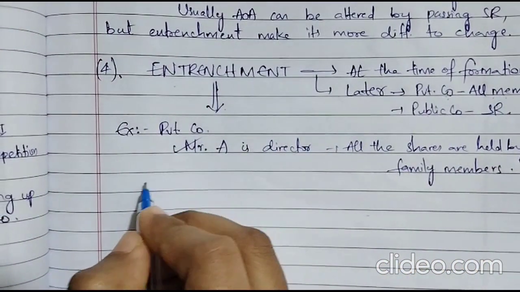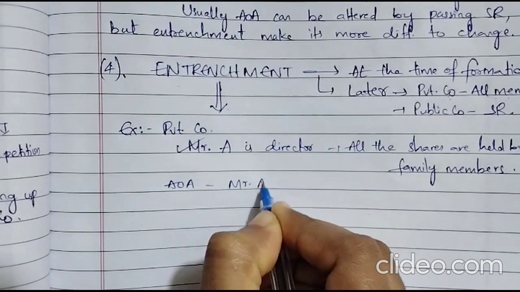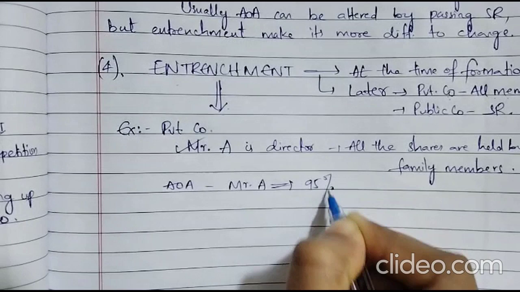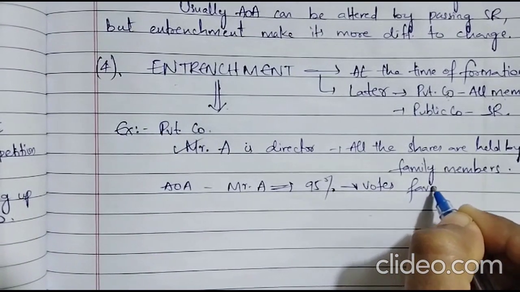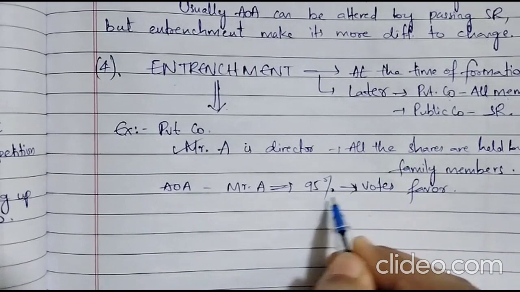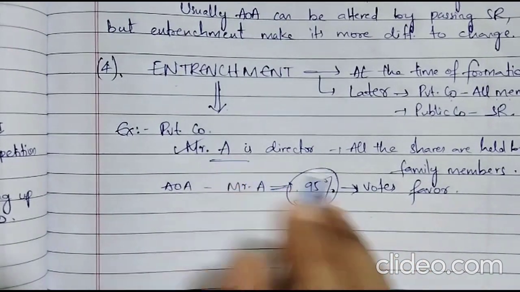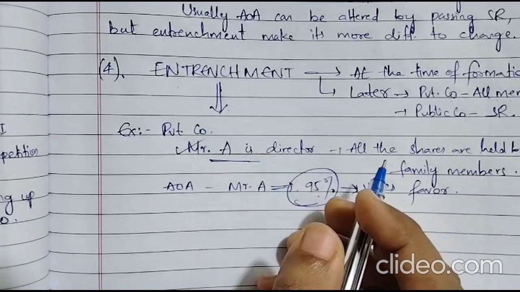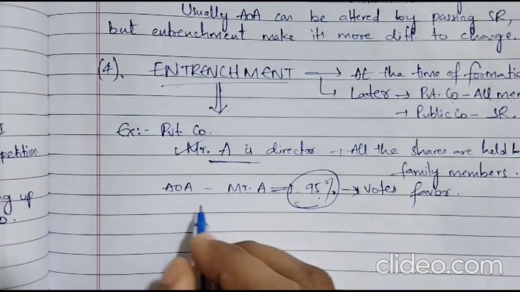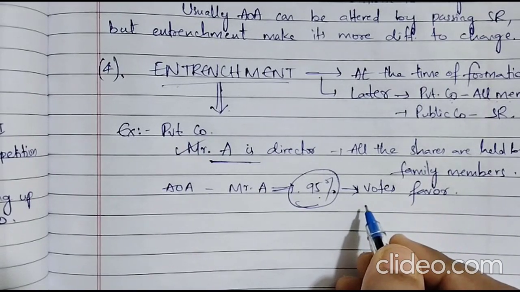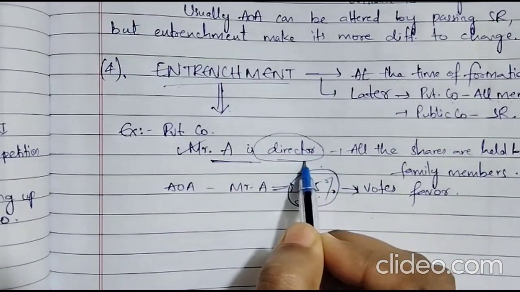So what they did is, at the time of incorporation, they added in their articles of association that if they want to remove Mr. A, 95% of votes should be in favor of the resolution. If they cast the whole 95% of votes, then only he can be removed from his post, or else he cannot be removed. This concept is called entrenchment. So if you add that Mr. A can be removed only if 90% of votes are cast in favor of the resolution, then only Mr. A is removed from the post of director.